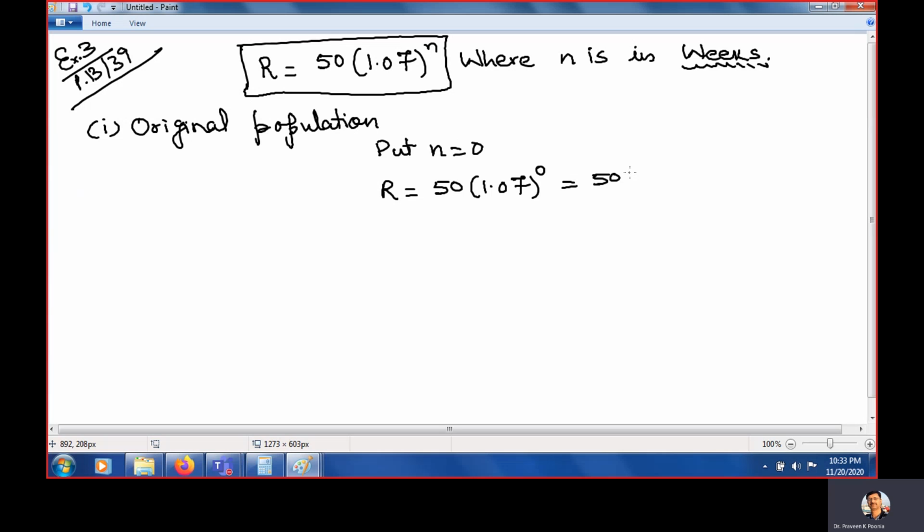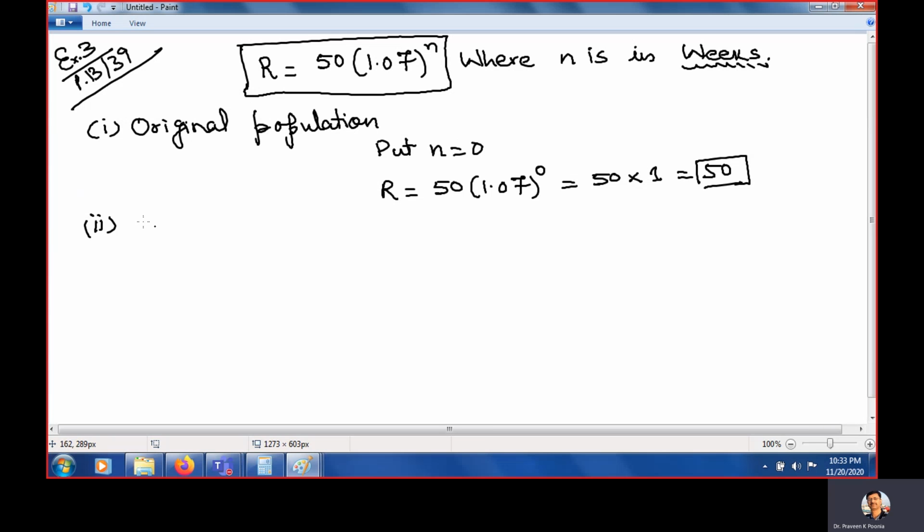And any number having 0 exponent, the answer is 1. So the starting population of rabbits is 50. So initially the person put 50 rabbits in the farmhouse. Clear? And gradually it starts increasing. This is question number 1: how many rabbits initially?